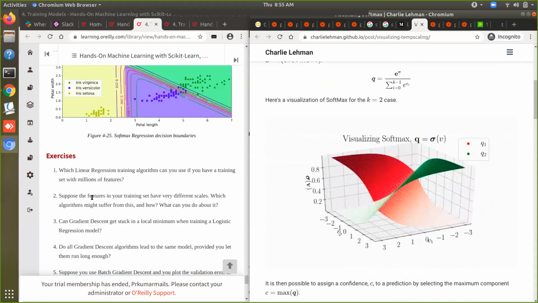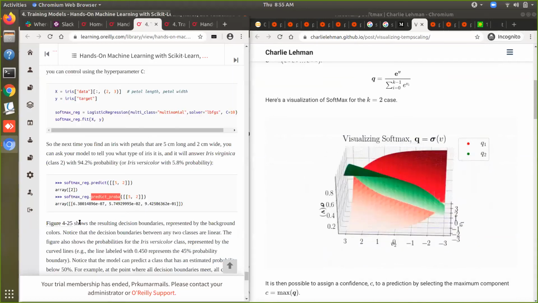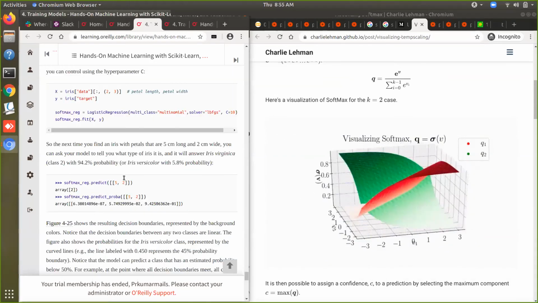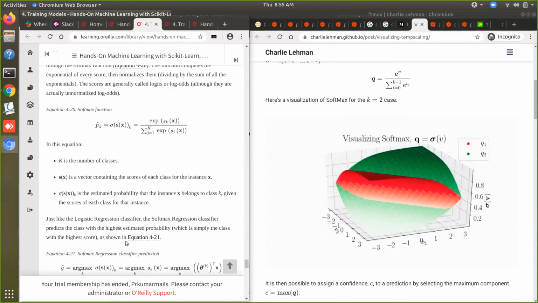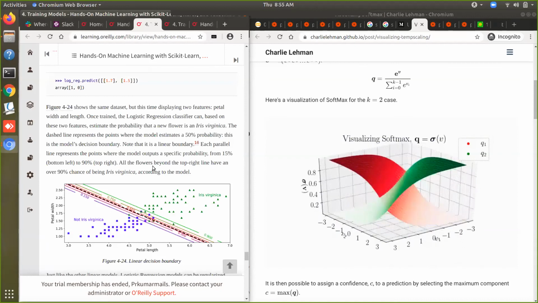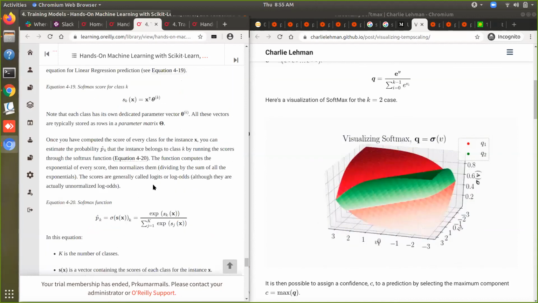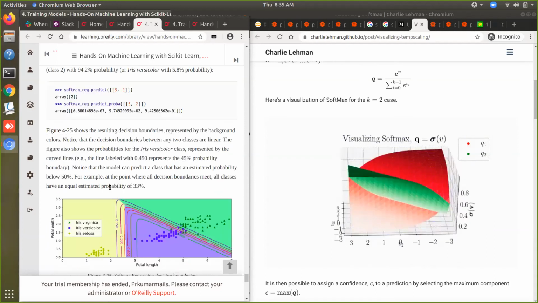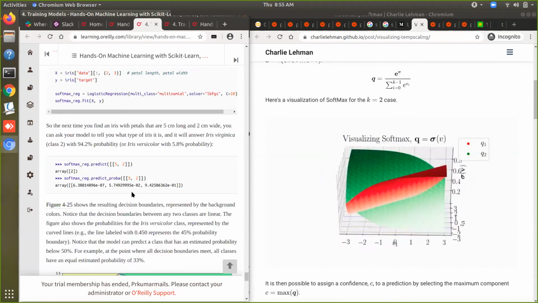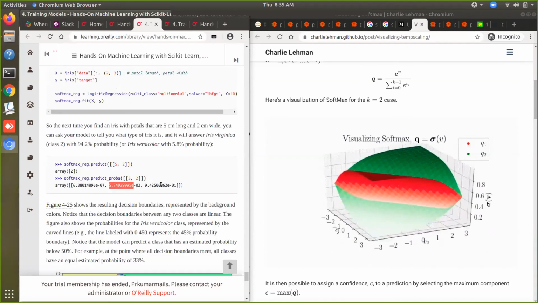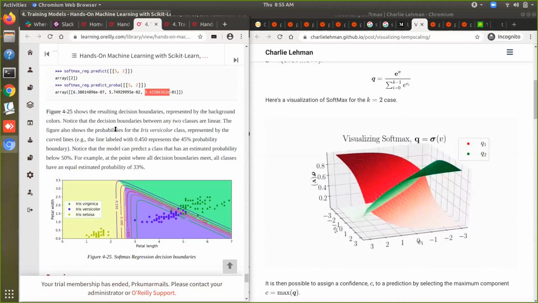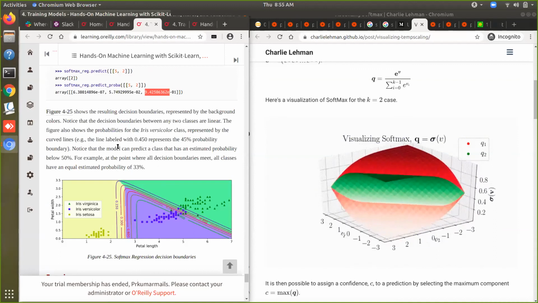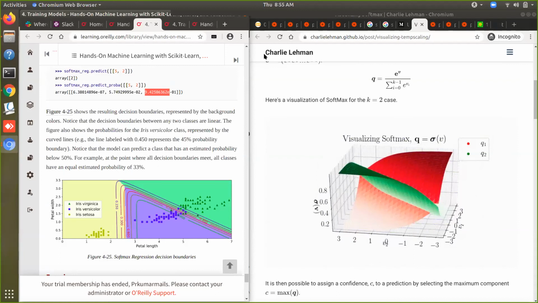So in the Softmax predict probability, the two features, petal length and petal width, are passed in, and for those features we are getting three different probabilities. This is one such probability, and after doing Softmax, we take the maximum. So now we will recap this chapter.